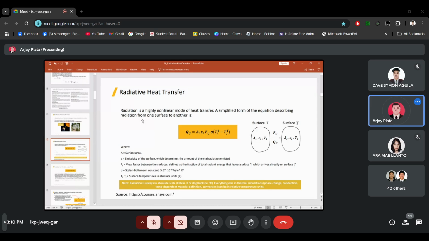For example, there are two surfaces, surface I and surface J. In order to transfer the heat from surface I to surface J efficiently, surface J and surface I must have a good contact or orientation.